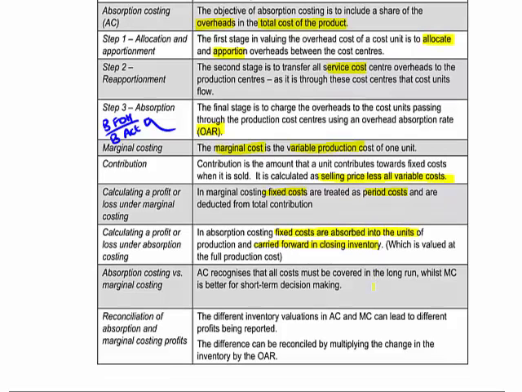Absorption costing recognises that we need to cover fixed costs in the long run, but marginal costing is better for short-term decisions. We need to be able to reconcile the profits because they're going to be different depending on whether we use absorption costing or marginal costing. And the difference is the change in inventory multiplied by the overhead absorption rate.